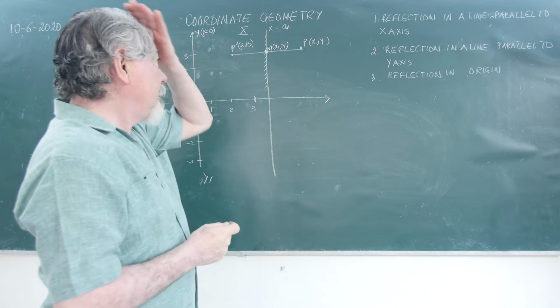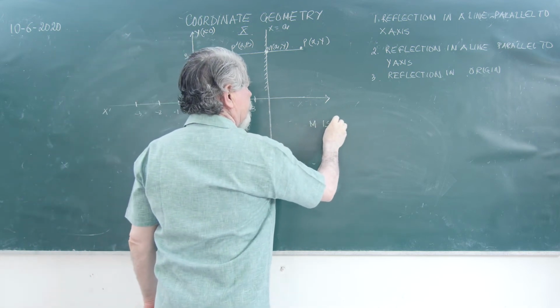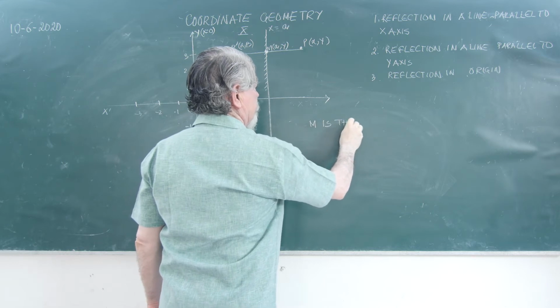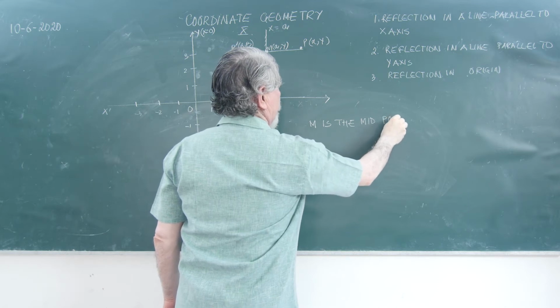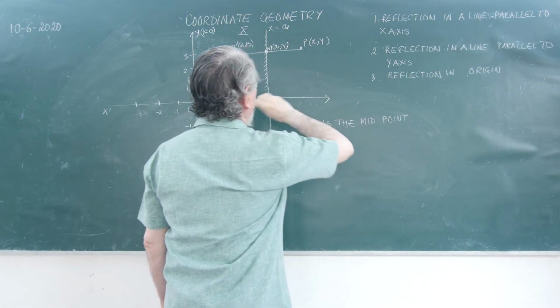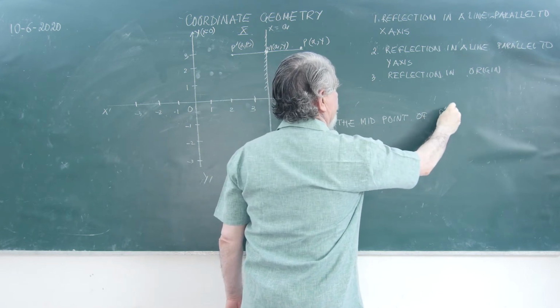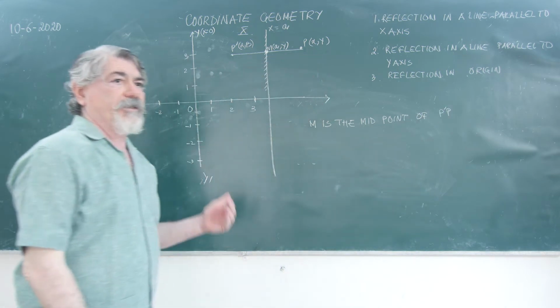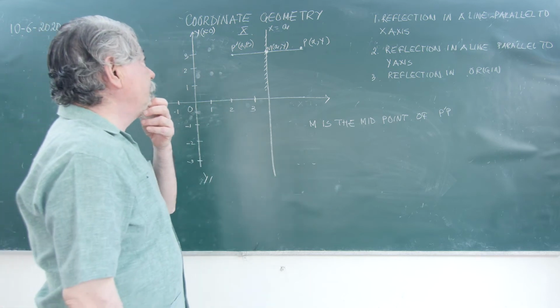Now M is the midpoint. M is the midpoint of PP dash, or P dash P, it is one and the same thing. Whether I call it P dash P or PP dash, it is the length. So M is the midpoint.